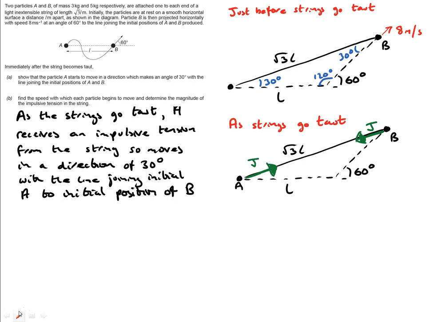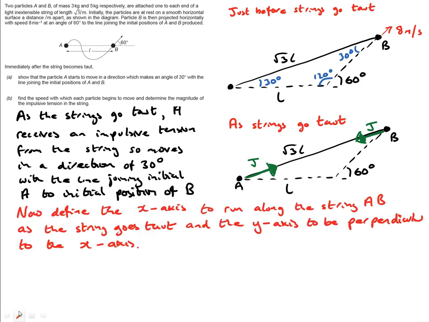So we're going to define our x-axis as being in the direction A to B at the instant when the string goes taut, and the y-axis is going to be perpendicular to that direction. So there we are, we've got our x-axis and our y-axis now defined.